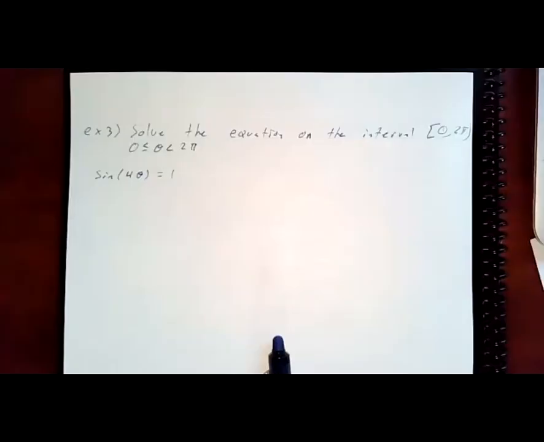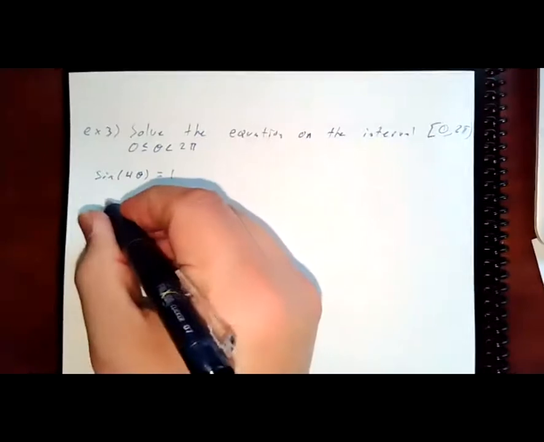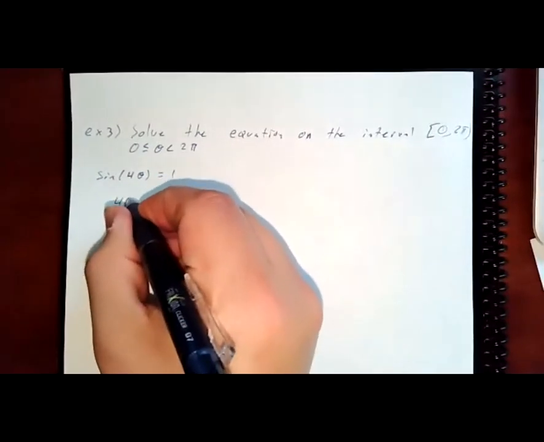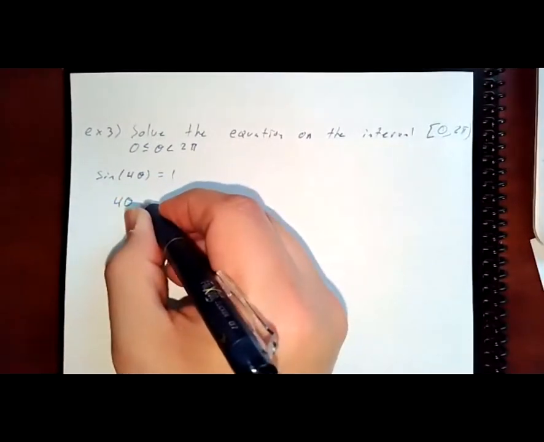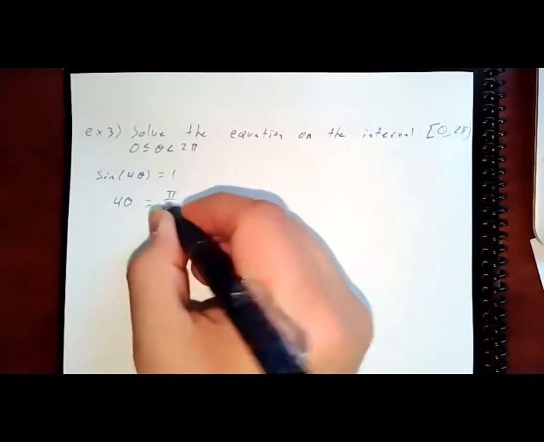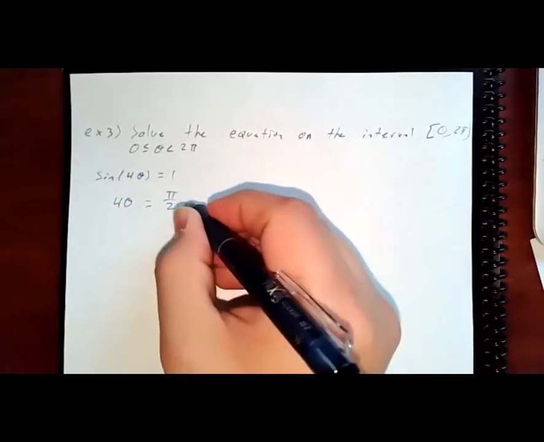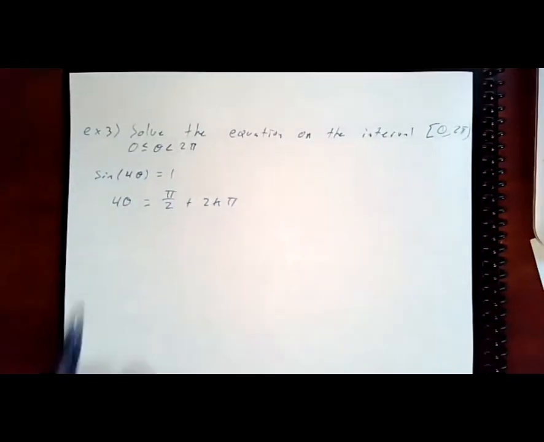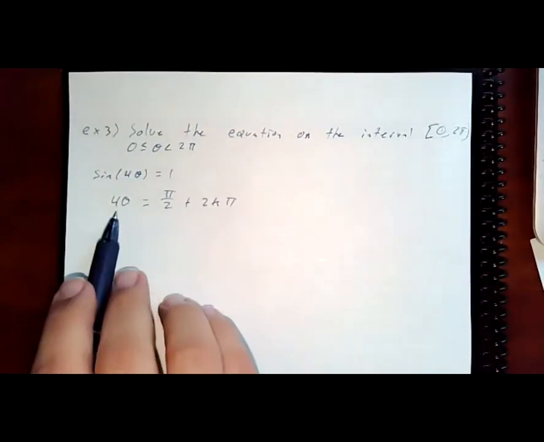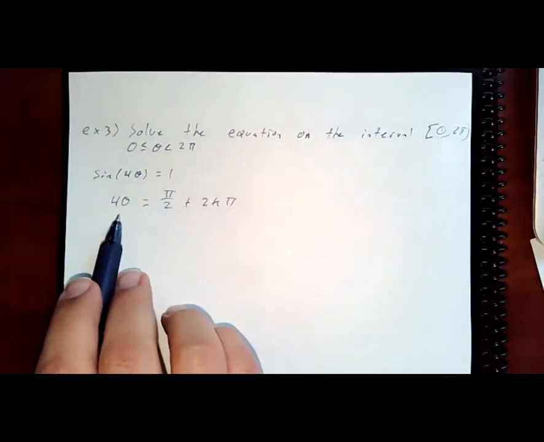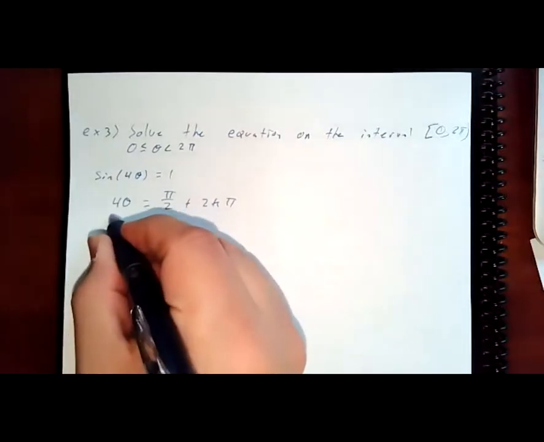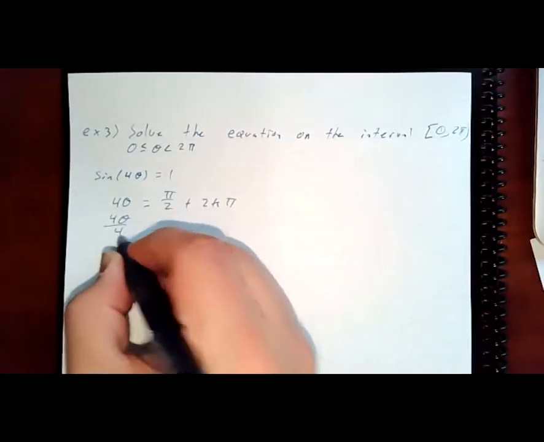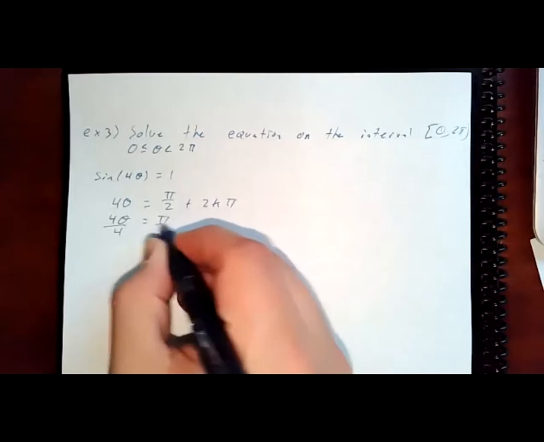So technically, I could say, well, I know that the theta, whatever theta is, should be equal to pi over 2, plus the multiple for the general solution. So I know theta should be pi over 2, but I have a 4 on there. What you have to do is divide everything by 4 to get the real answer.